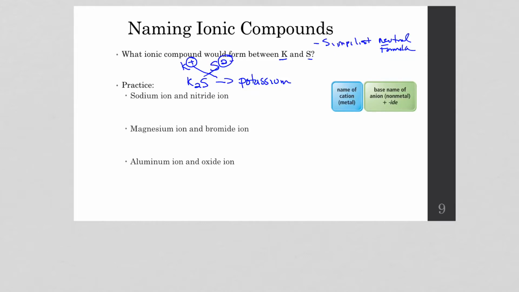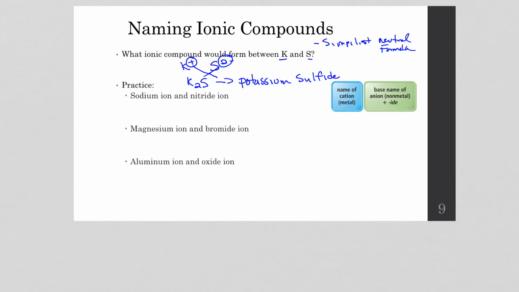And the second element is going to be named by using the name of the anion, or the nonmetal typically, but we're going to change the ending to an IDE. So sulfur becomes sulfide. In this case, we remove the last 2 letters and change the ending to an IDE.